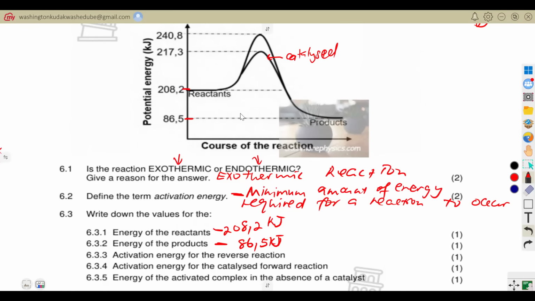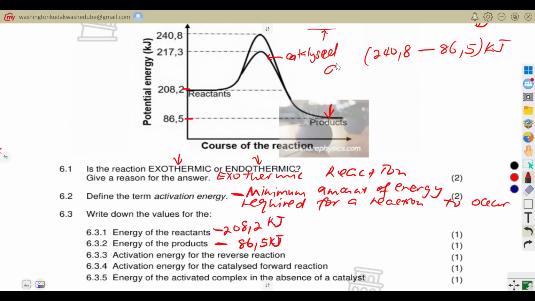So now to find the activation energy of the backward reaction, you need the amount of energy of your reactants, and then you subtract it from the amount of energy at the peak. So the activation energy for the reverse was going to be 240.8 minus 86.5, and these are in kilojoules.